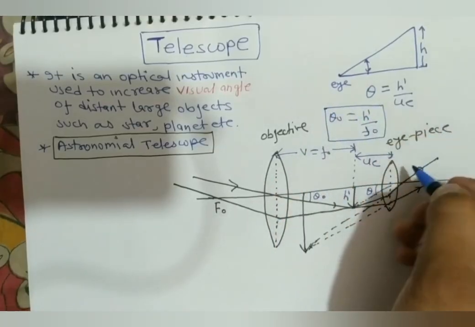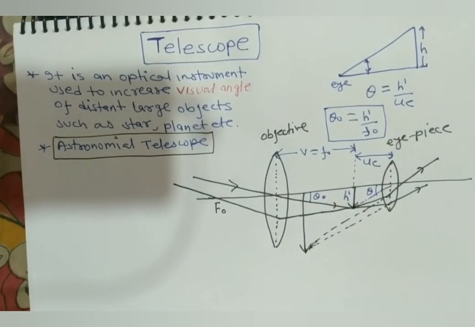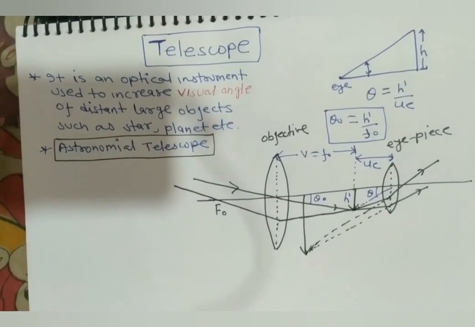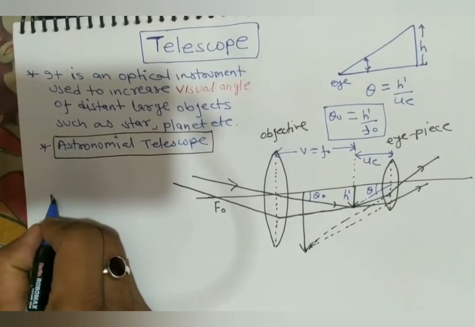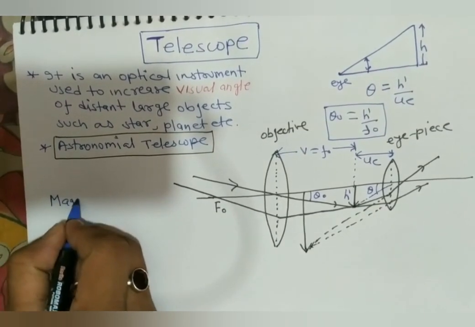This is theta naught and this is theta. Now we know the visual angle for defining magnifying power.